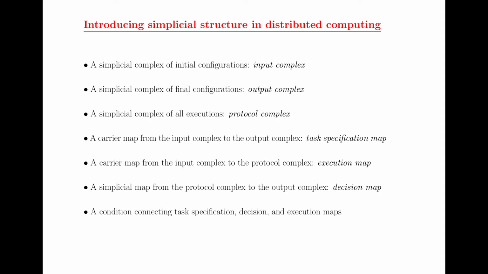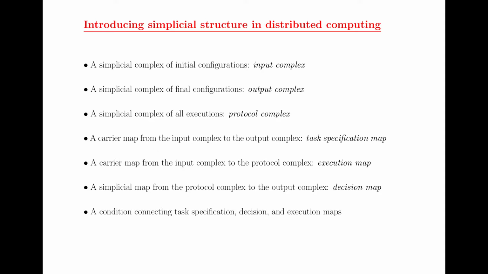And then there is another map, which is called the execution map, which goes from the input complex to the protocol complex, which takes every input and maps it into the subcomplex of possible outcomes, possible executions. And there is a simplicial evaluation map from the protocol complex to the output complex, which means that it simply assigns the output value for each execution at the end.